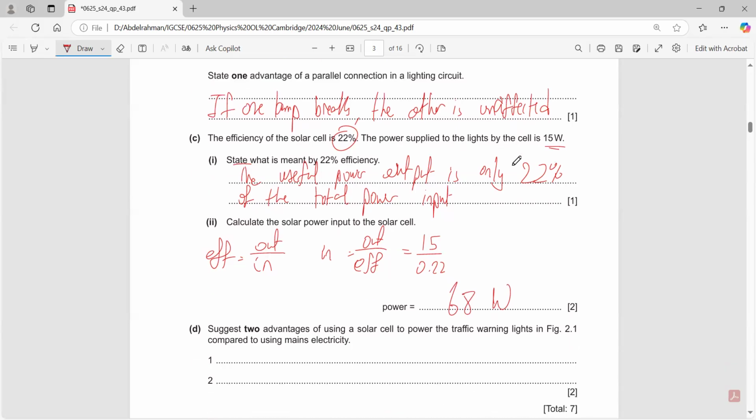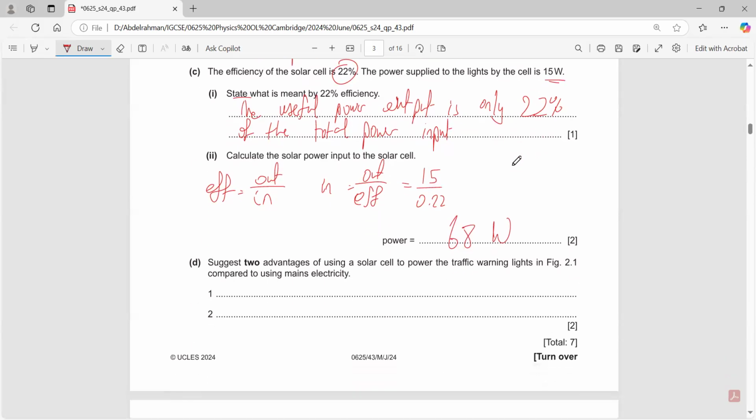Suggest two advantages of using solar cells to power the traffic lights compared to using the mains electricity, the electricity being supplied by the government. You do not need to depend on the main supply. You can build them in very remote areas.